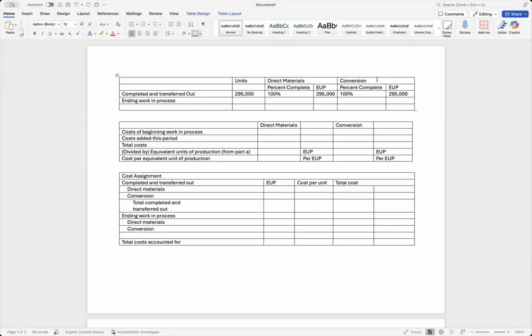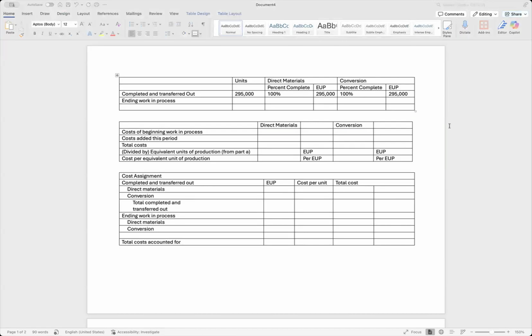In terms of my conversion, again, conversion is usually your labor and your overhead. And so because these units were completed, 100% of my labor and my overhead, which is called conversion, has been added in for this particular department. So this will also give me 295.